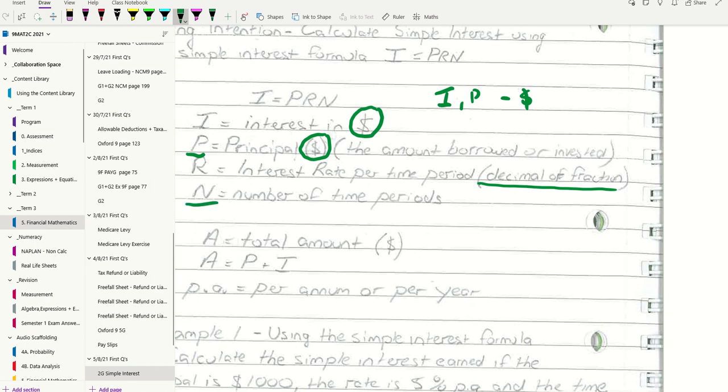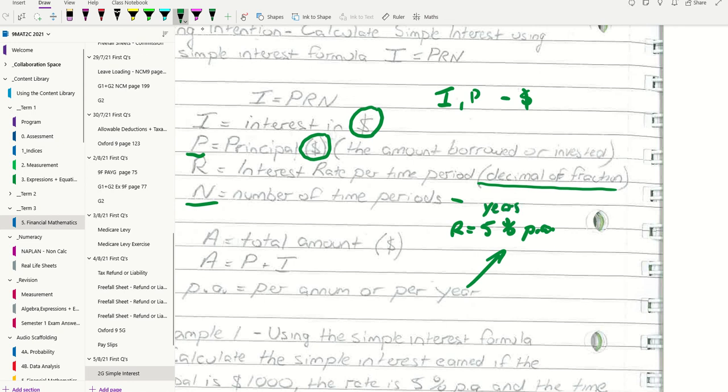Now N is the number of time periods. For most of the questions we do, we're going to be given an interest rate. R might be 5% per annum. Per annum means per year, which means that our time period has to be in years to match up.